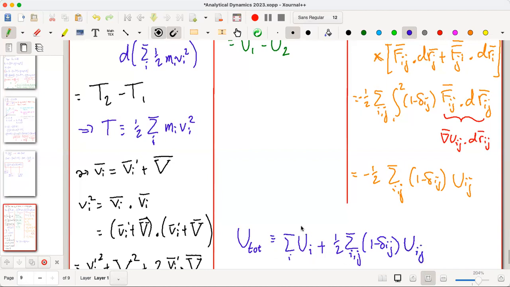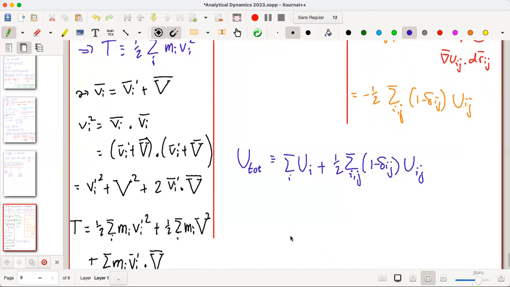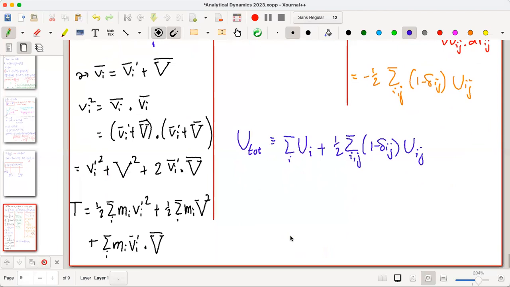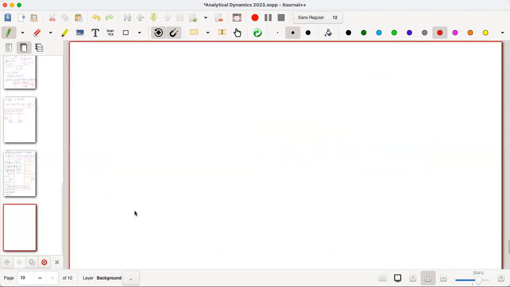So basically, it says that the total potential energy is just the potential energy coming from the external plus the total contribution from the internal. Now, we have this expression. We can continue working on this expression.